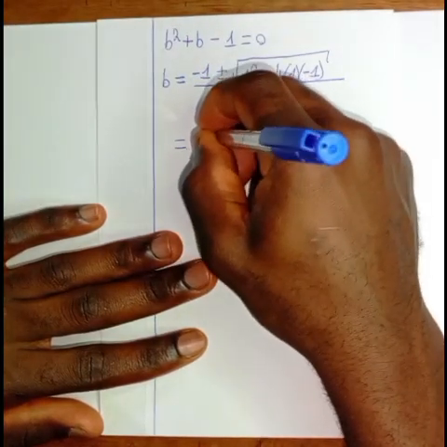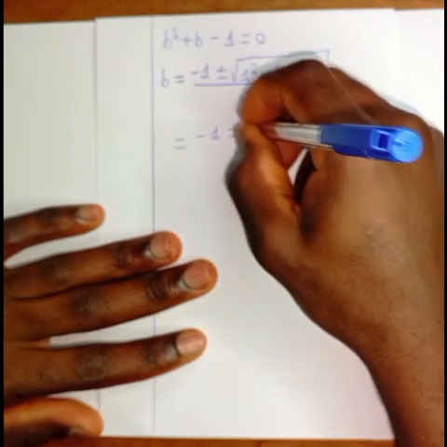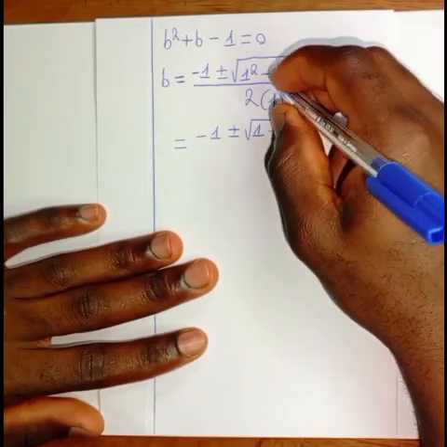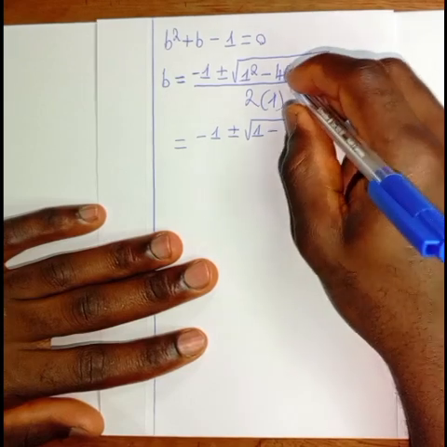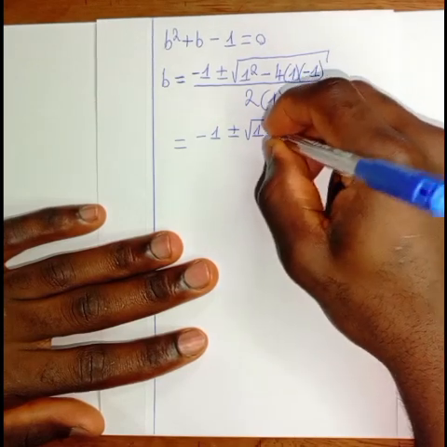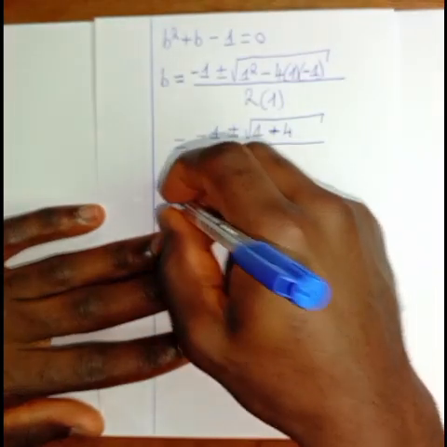This will give us -1 plus or minus the square root of 1 squared, which gives us 1, minus. If we take -4 times 1, it gives -4. -4 times -1 gives us +4. Then we divide by 2 times 1, which is 2.